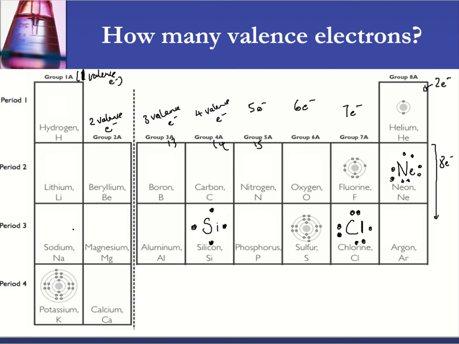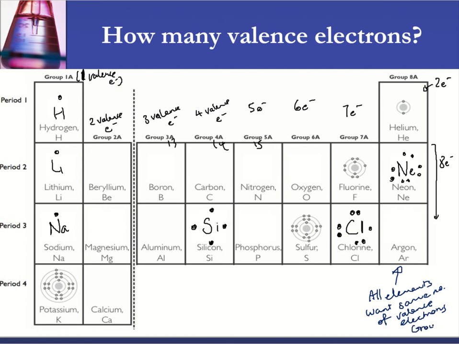If I look at sodium, it's just going to be 1 because it's in group 1. Hydrogen is going to be 1. Lithium is going to be 1. Now, if you have a look here, like we said before, all the elements want the same number of valence electrons as group 8.